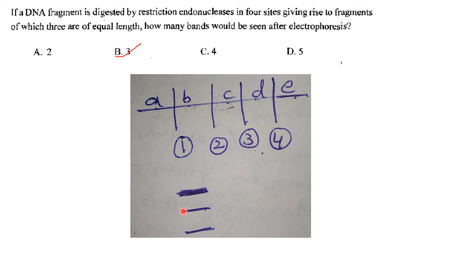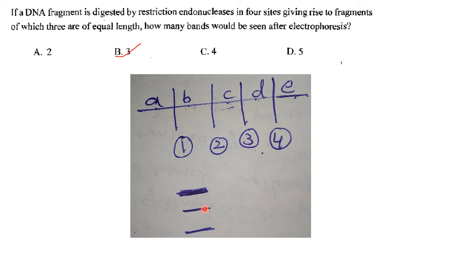So they will separate out together. Suppose it is a 2 kb fragment, all of A, B, C will be 2 kb and you will see a comparatively thicker band near the 2 kb region. So these 3 will separate out together. Then you have got D and E fragments. That is D over here and E over here or anywhere.